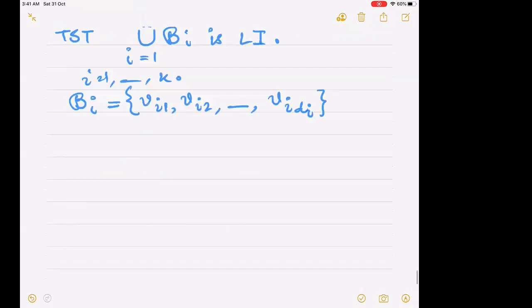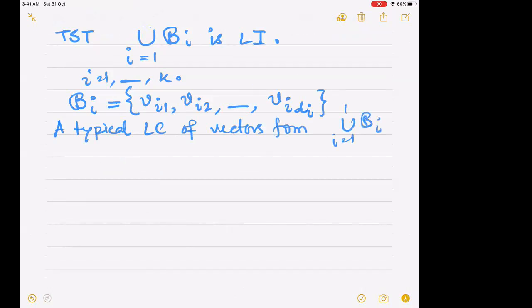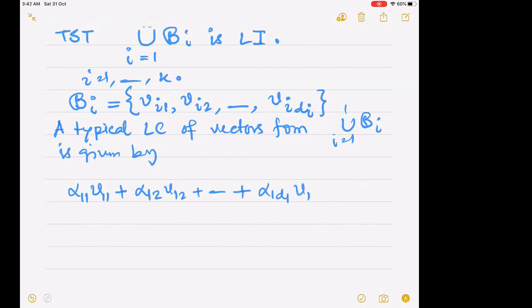So now look at this linear combination. Let us look at a typical linear combination of vectors from this union. It is given by alpha 11 V11 plus alpha 12 V12 plus dot dot dot plus alpha 1d1 V1d1.